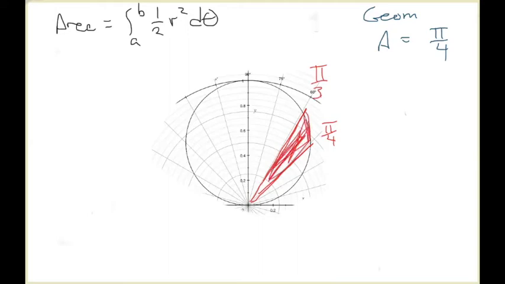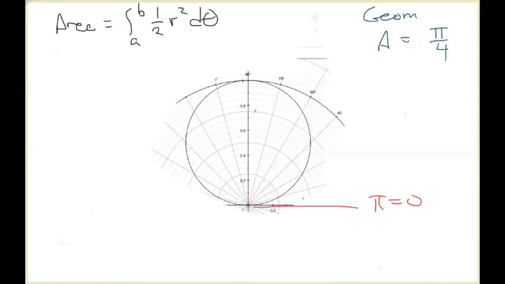The hardest part about doing polar integration is identifying where the bounds are. We don't want to start at pi over 4. We want to start at theta equals 0. Basically the proof of this is that you have a bunch of tiny little sectors.